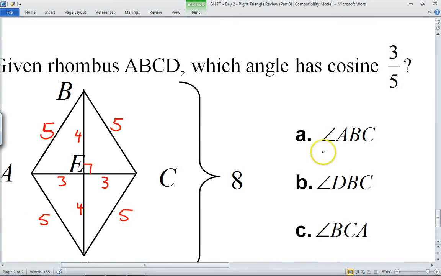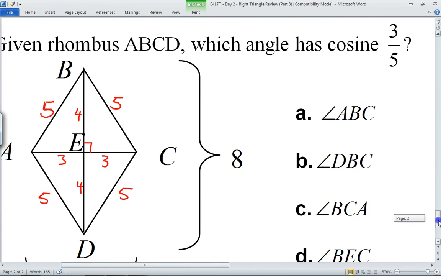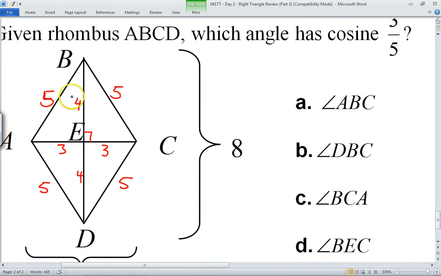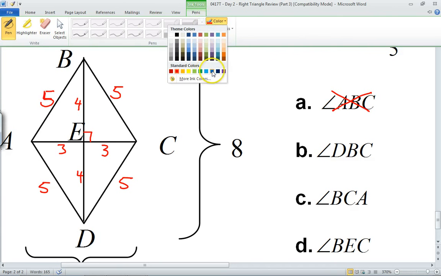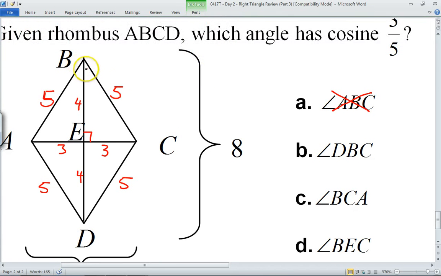Well, let's see. Angle ABC. Well, that's this big old angle up here. That's not even inside of a right triangle. So it's not ABC. What about DBC? DBC is this angle right here.